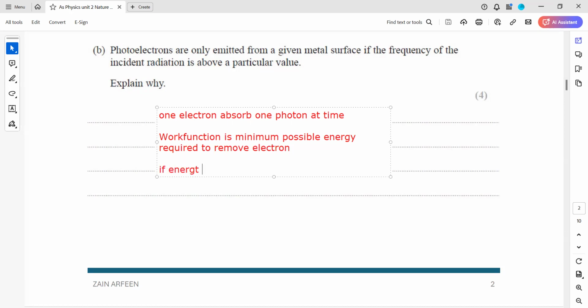If the energy of the photon, or the frequency, is more than the work function or threshold frequency, as a result the electron will be emitted.